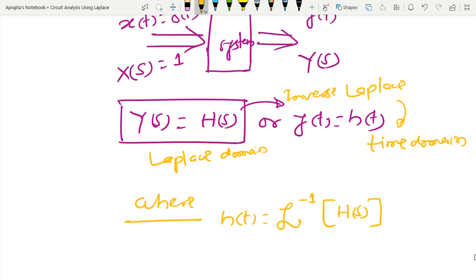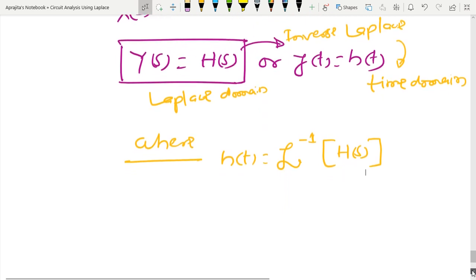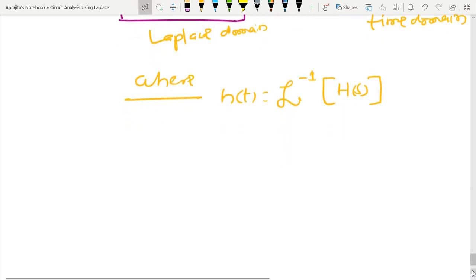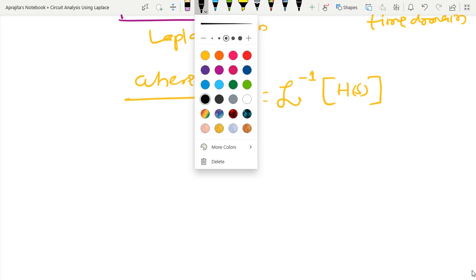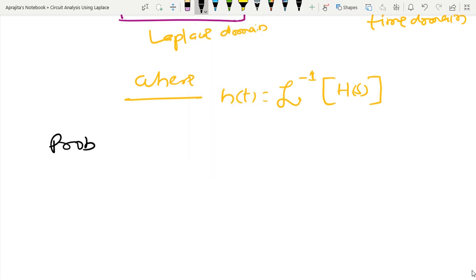So now let us see one problem, and after that I will close today's lecture. That is related to the transfer function as well as impulse response. So the problem is like this.